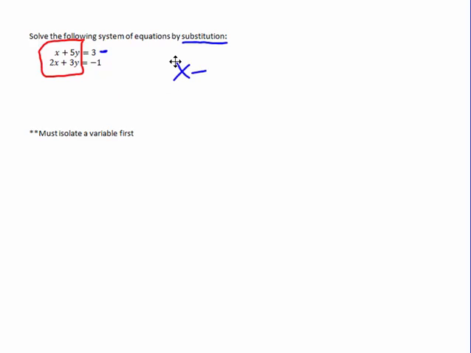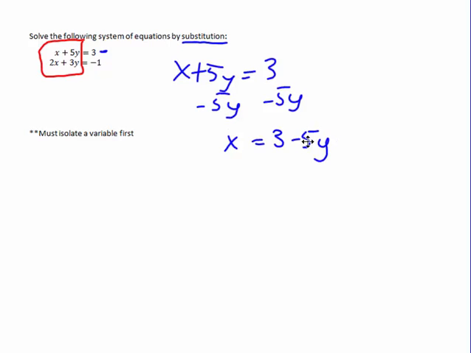So I get x plus 5y equals 3, and I'm going to subtract 5y from both sides. And I get x equals 3 minus 5y. And I'm going to take this x here, that's 3 minus 5y, and I'm going to plug it into the other equation for x.